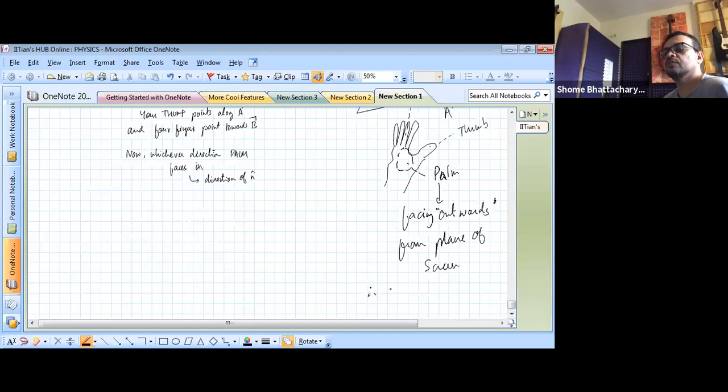Therefore, n cap is a unit vector coming straight out of the plane of the screen.